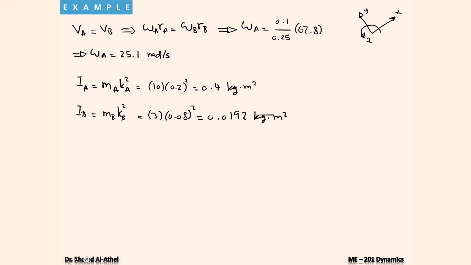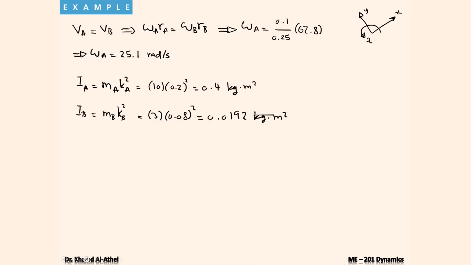Next step, let's start with the impulse and momentum diagram. So I will start with A. Initially, I have gear A something like this, and there is only IA omega A1, which was 0, it was at rest.